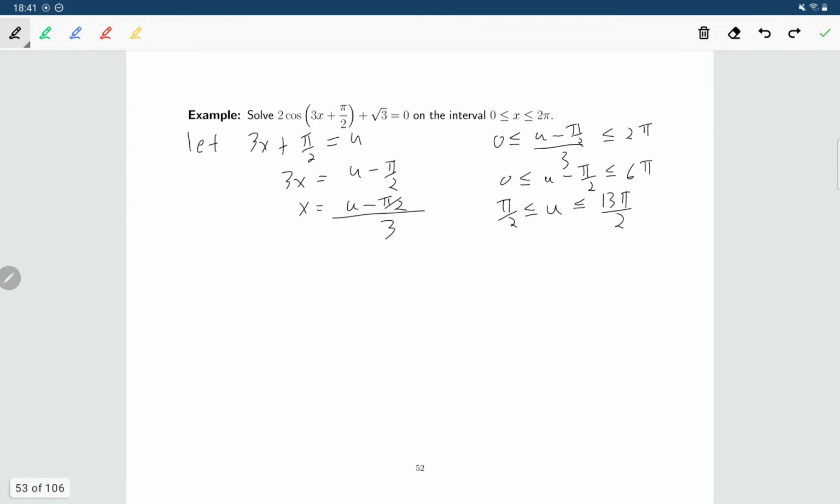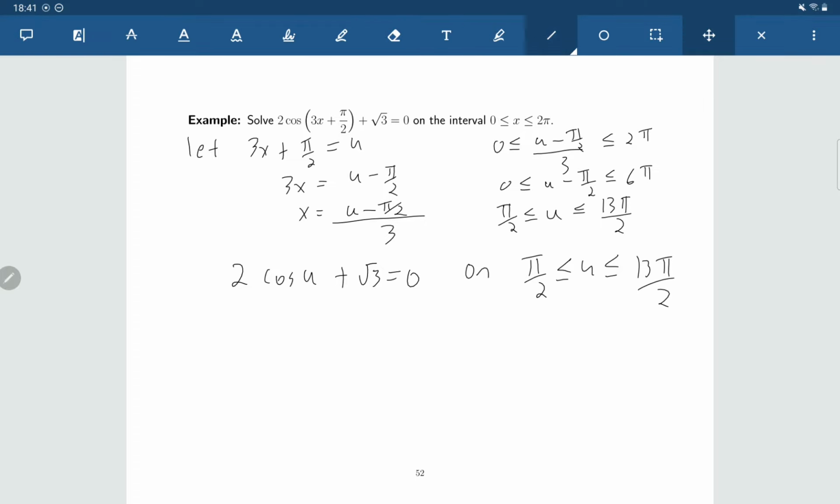So that's what we're going to be solving here. We're going to start out by saying that what we actually have now is 2 cosine of u plus root 3 equals 0, and that's on the interval pi over 2 less than or equal to u less than or equal to 13 pi over 2. And that's how we're going to do our solving.